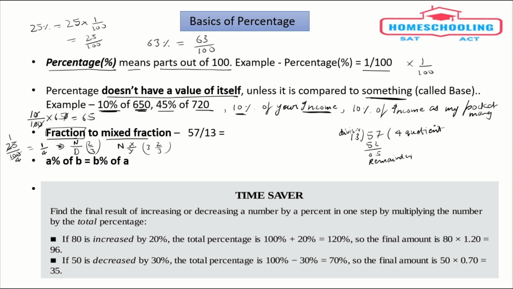This is basic arithmetic. So if you want to convert a fraction to a mixed fraction, then what you're going to write is quotient, then remainder divided by divisor.